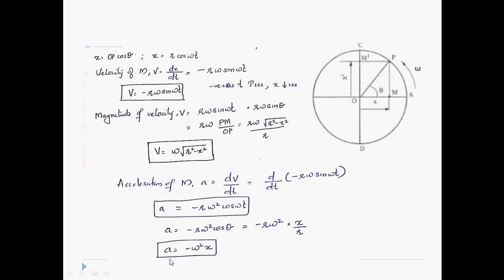From this you can see acceleration is proportional to x, that is, proportional to the distance from the mean position. That was one condition for periodic motion to be simple harmonic motion. Then we can see acceleration is always directed to the mean position. That is, as t increases, x decreases, so it is always directed to the mean position.